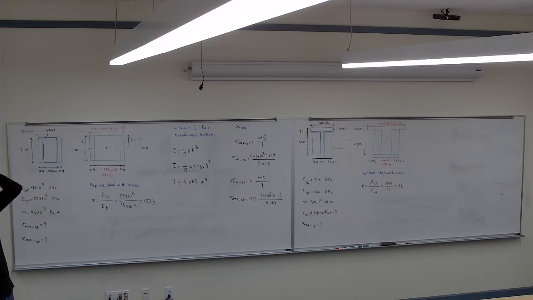I want to find the stress in that. What should I do next? I have to find the centroid. Right? So the very next thing that I need to do is that I have to go ahead and find the centroid in that.